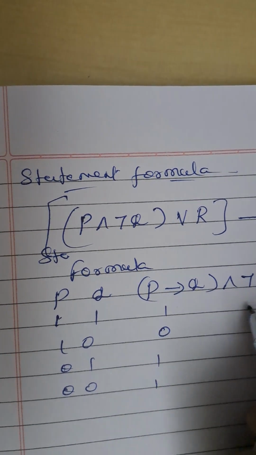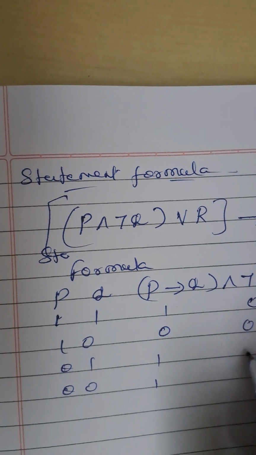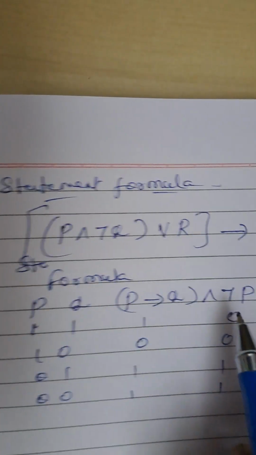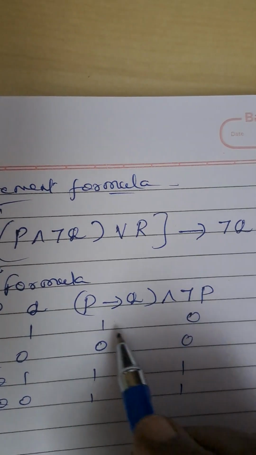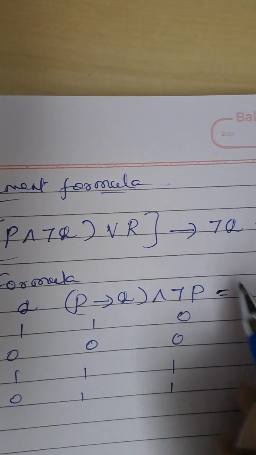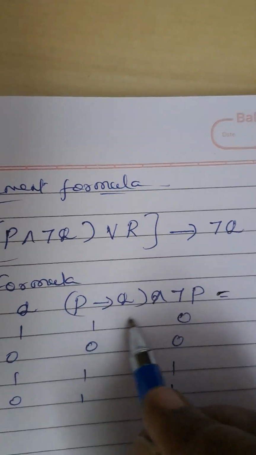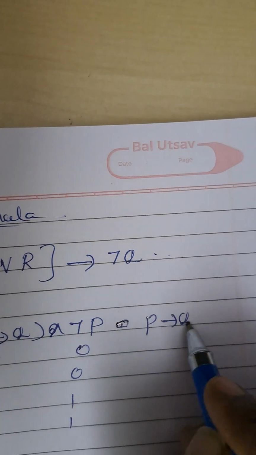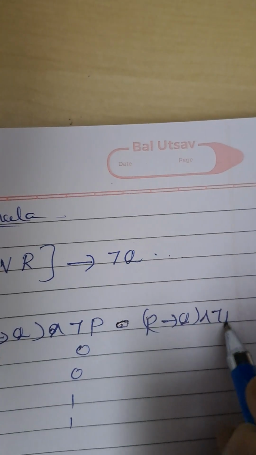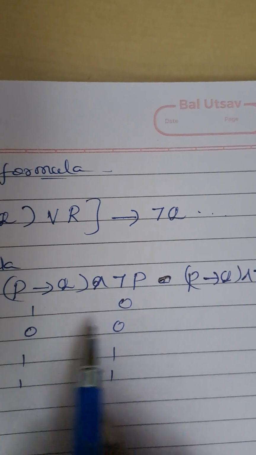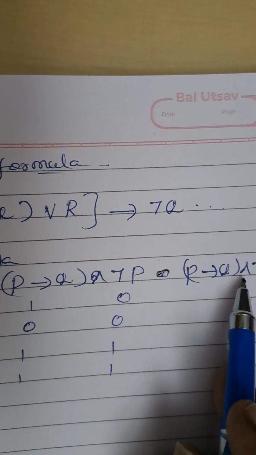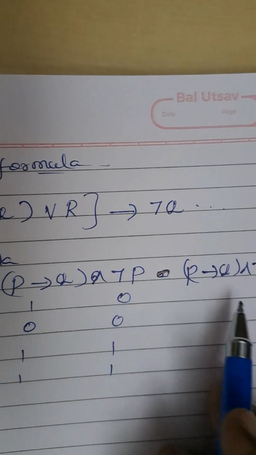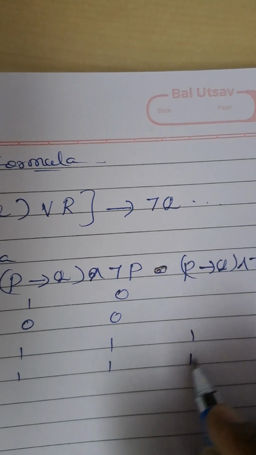And negation P is here 0, 0, 1, 1 because whenever P is 1, negation P is 0. So when you combine these two, this is P implies Q, negation P. So P to Q and negation P is just combining these two, a conjunction. Conjunction is nothing but if both are 1, it is 1. So 0, 0, 1, 1.